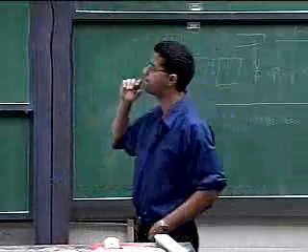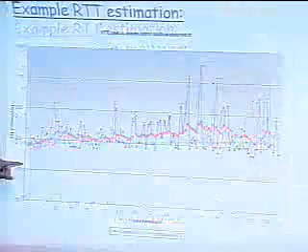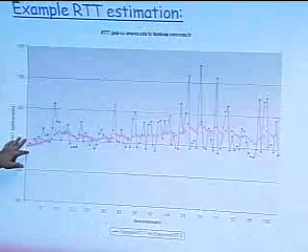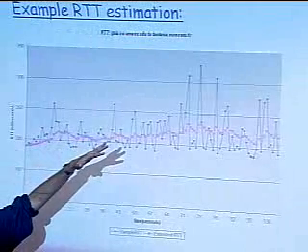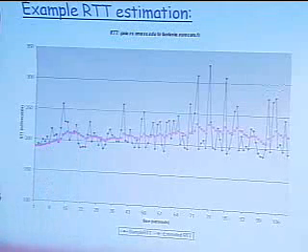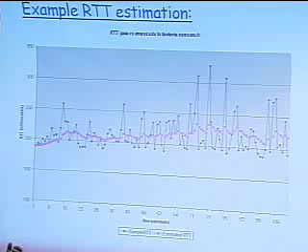So here is an example. The blue points here are the sample round trip time values. Every time you sent a packet and got the ACK back, you got a sample. The sample round trip time varies a lot, from slightly below 200 milliseconds to above 300 milliseconds, because an individual packet might face queuing delay, it might get dropped in the link layer, get retransmitted, several things can happen.